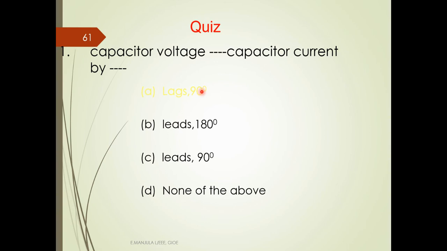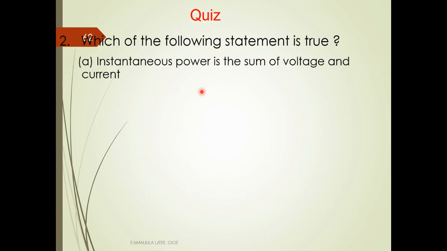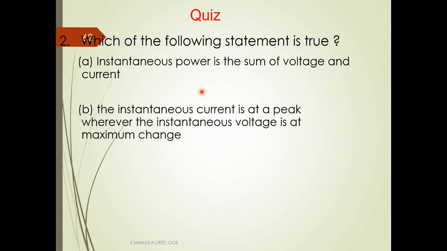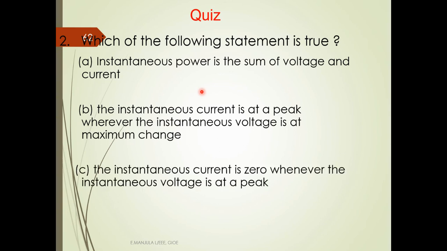Which of the following statements is true? Instantaneous power is the sum of the voltages and currents? No. The instantaneous current is at the peak whenever the instantaneous voltage is at the maximum? No. The instantaneous current is zero whenever the instantaneous voltage is at peak. It's B and C.